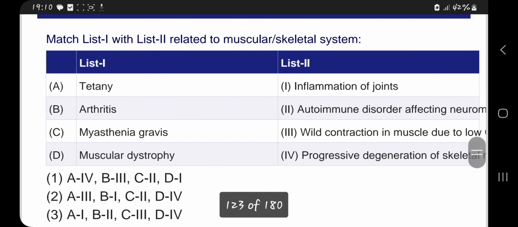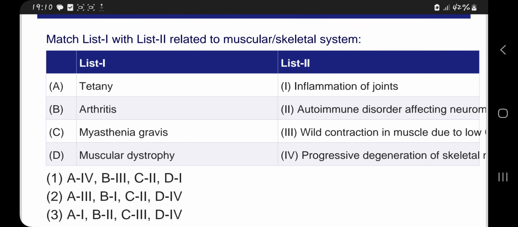So the next one is tetany. It is wild contraction in muscle due to low calcium. So A3, and B, arthritis, inflammation of joints. Myasthenia gravis, it is autoimmune disorder affecting neuromuscular junction.